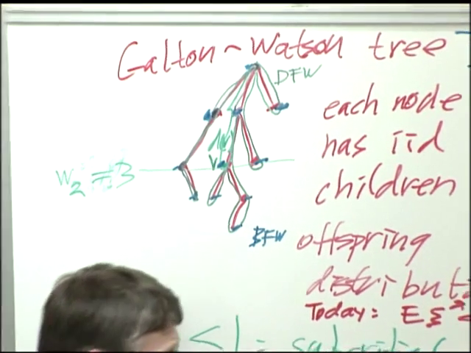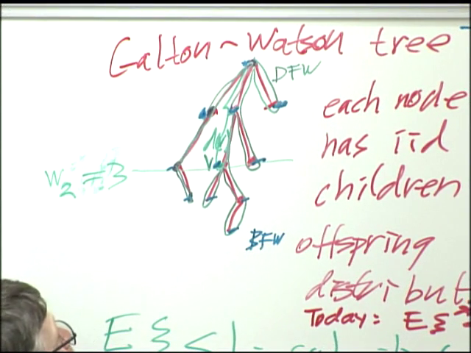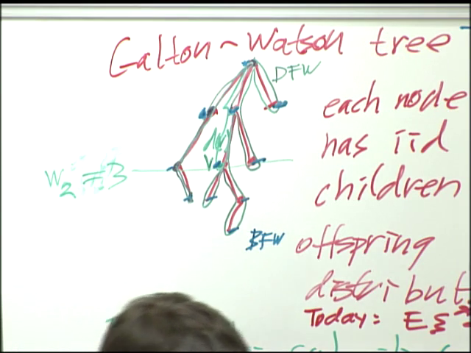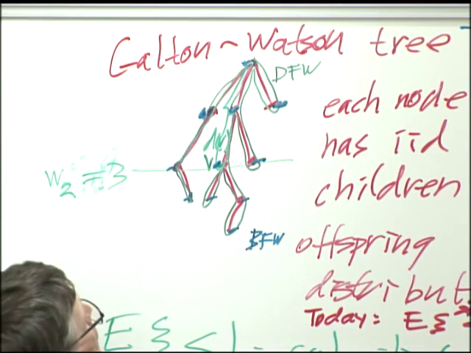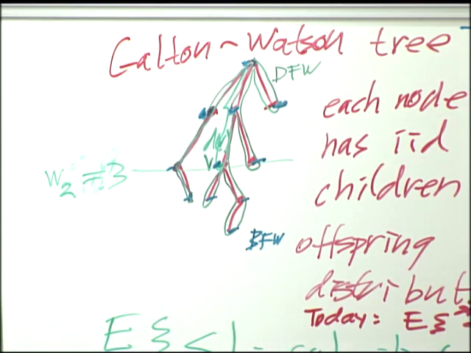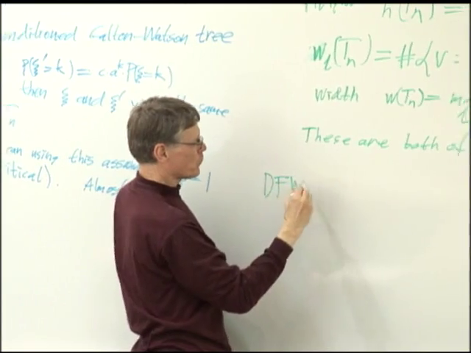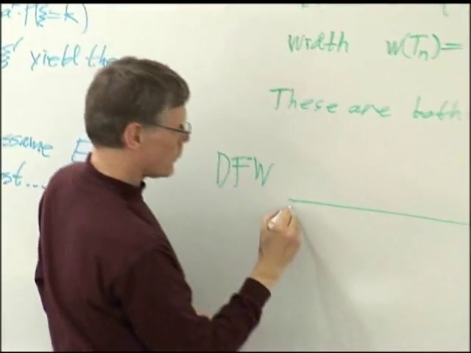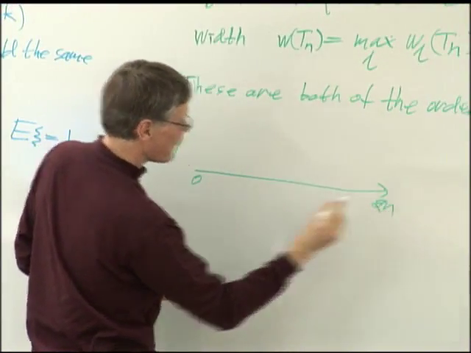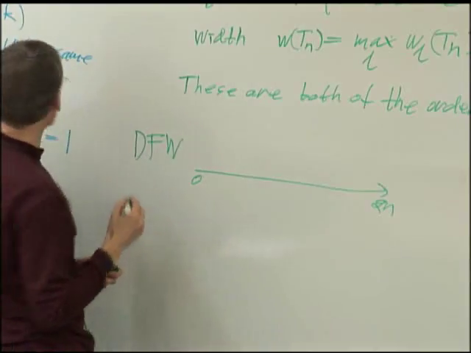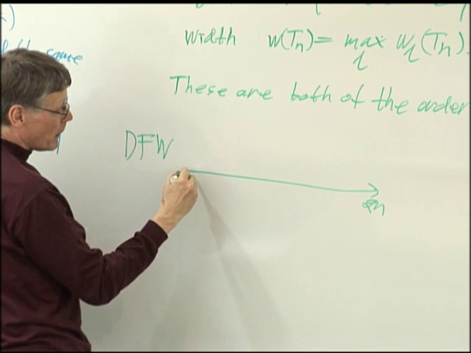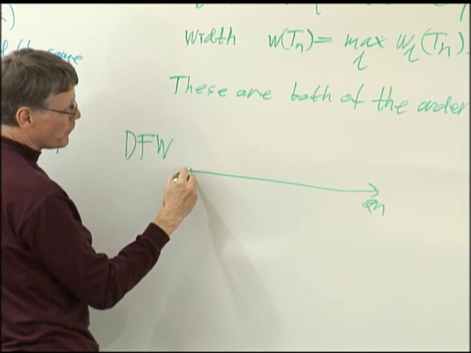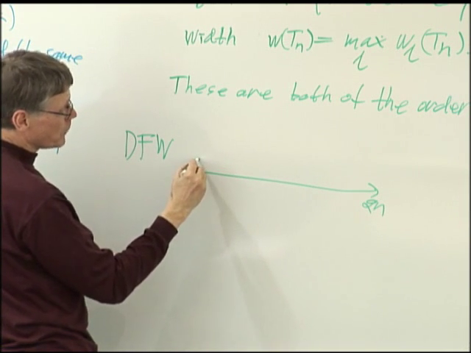You can code both of these as a kind of random walks. Well, if we take the depth first walk, we will not get independent increments, but we can plot it like this. Depth first walk. We start at 0 and go actually to 2, and since we traverse each edge twice here, or maybe it's 2n minus 1. So if we just plot the distance from the root, we'll get something.